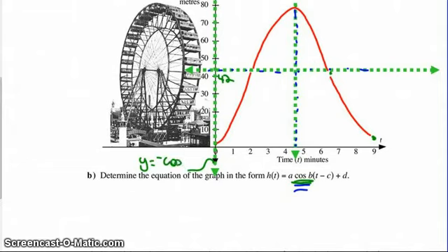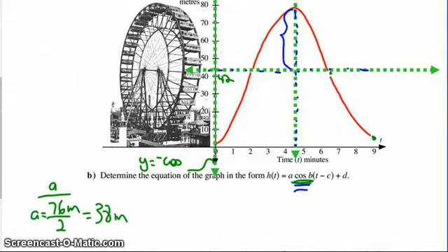Based on that, you need to decide what the amplitude is. By looking at my graph and considering my axes, because I know that this Ferris wheel, the diameter of the Ferris wheel was 76. So if it's 76 meters in diameter, divide that by 2, its amplitude is 38 meters.